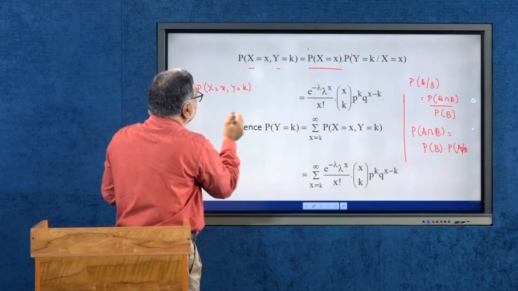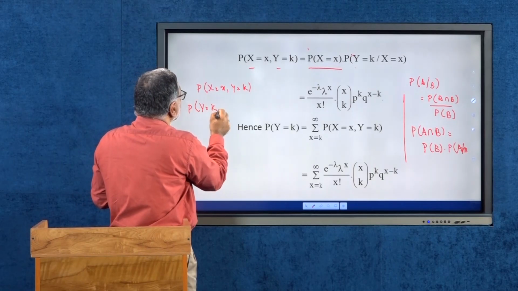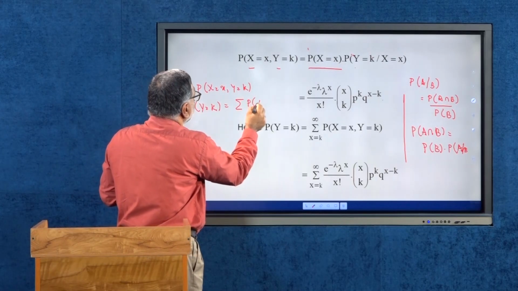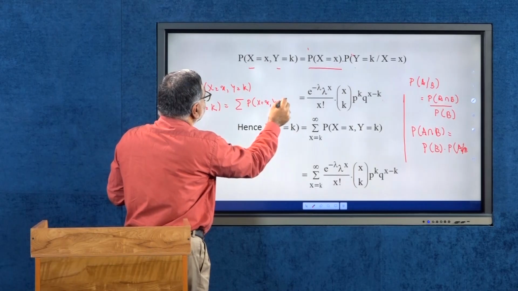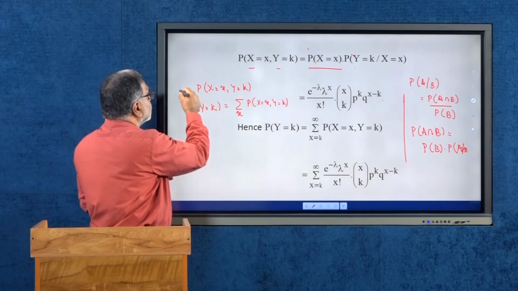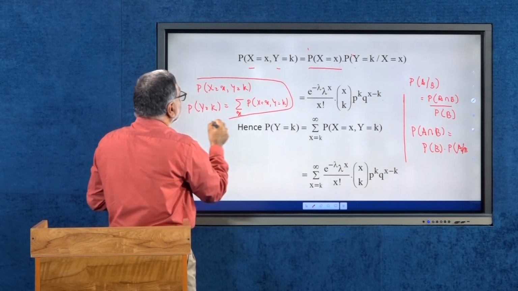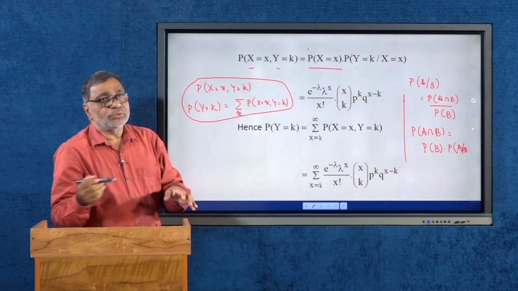Suppose we are finding probability of y is equal to k. The procedure is that you find the sum of the joint probability mass function over all the values of the first variable. The first variable here is x. This is the way we find the marginal probability when the joint probability function is given.